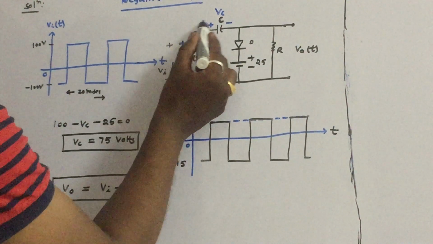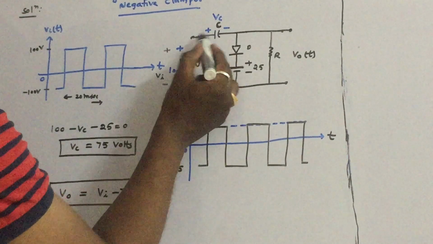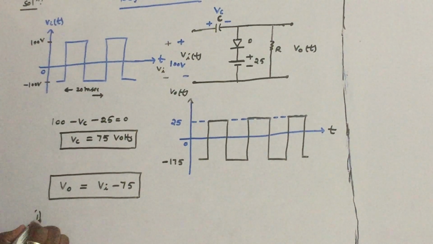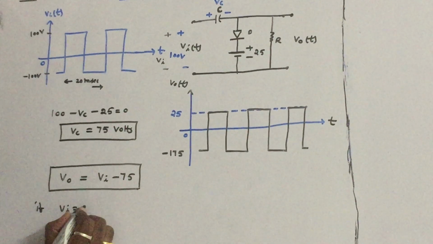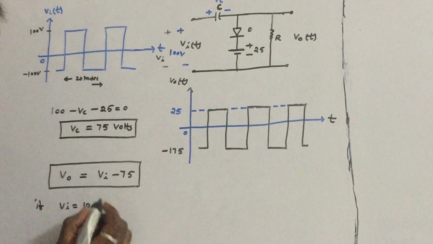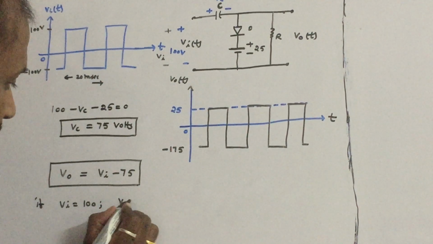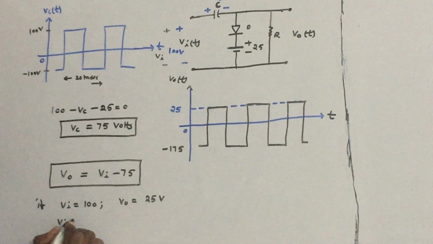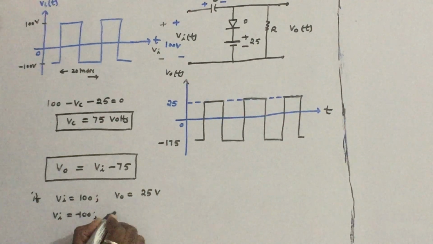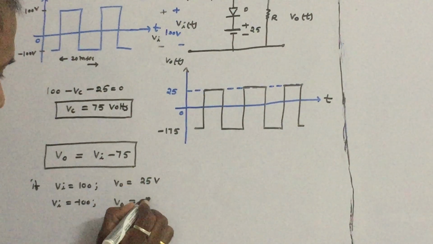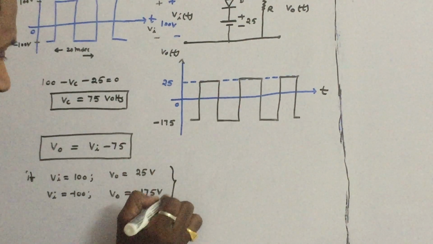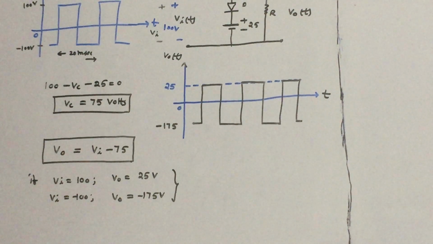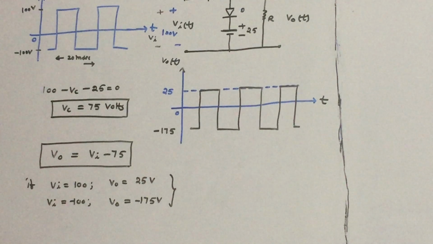Vi minus 75 is equal to V0. So let us check what the maximum peak of Vi is. Vi is plus 100, sorry. So V0 is equal to 25 volts. You can check that. When Vi is equal to minus 100, the output voltage will come as minus 175 volts. So you can cross check like that. So this is the answer for this simple question in the examination.